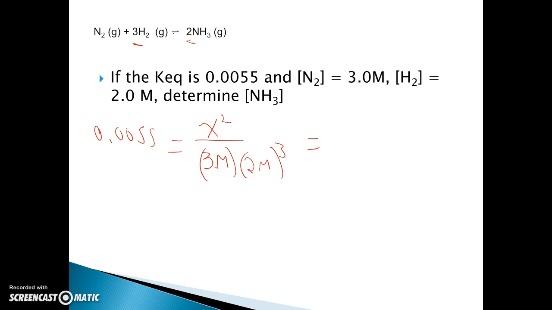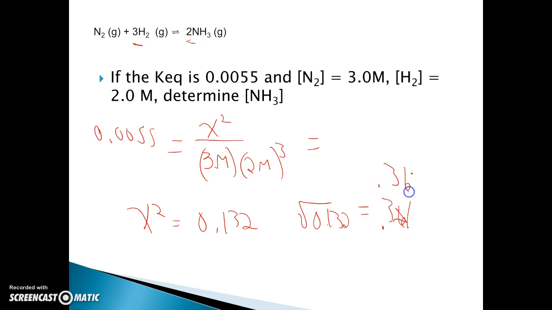Once you do it, you're going to get that x squared equals 0.132. You take the square root of 0.132, and that equals 0.3633 molar. That's your concentration of NH3.